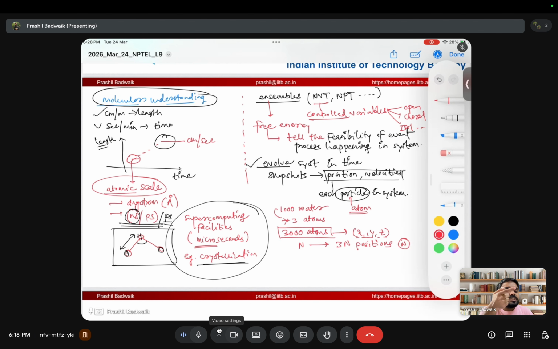It keeps on changing, right? So for one particle, XYZ is there.